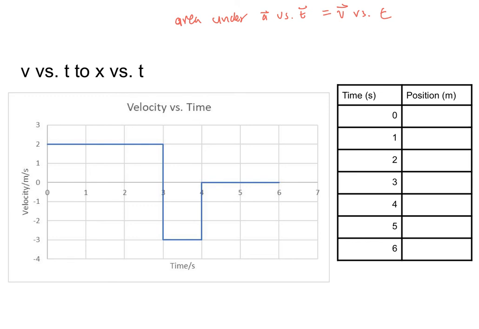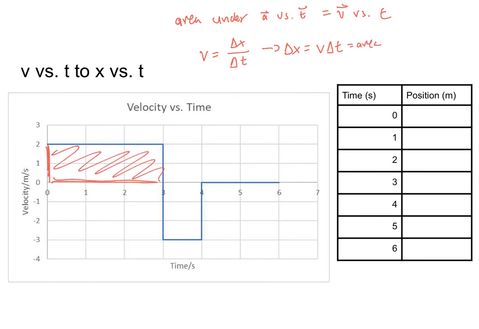So looking at this graph, I can see that I have velocity on the y-axis and time on the x-axis. I know that velocity is equal to my change in position over my change in time. Therefore, my change in position is equal to velocity times my change in time, otherwise known as the area under my blue line, under my blue rectangle.